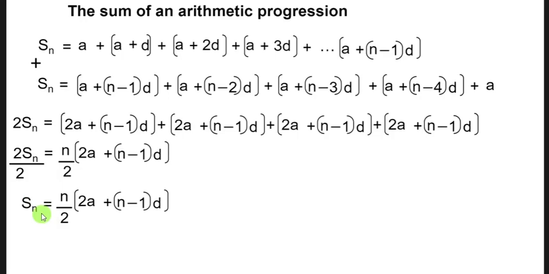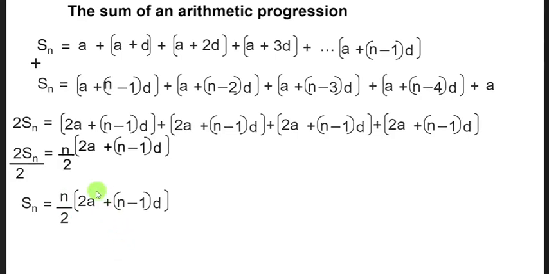So they can be 100, 1000, using this formula very fast to find the sum of those terms, provided we know the first term, we also know the common difference between the terms, and then we know the number of those terms in that arithmetic progression or series.